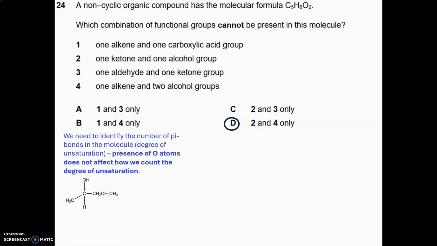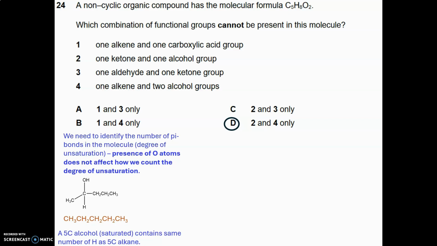So to illustrate this, we have a 5-carbon alcohol as well as a 5-carbon alkane. You're going to notice that the alcohol is saturated and it contains the same number of hydrogen atoms as the 5-carbon alkane. So this tells us that even with or without oxygen, the number of pi bonds in the molecule is not affected.